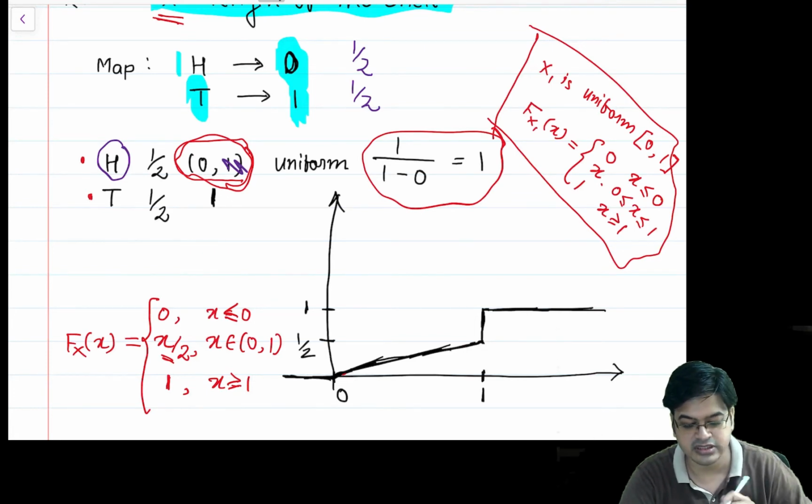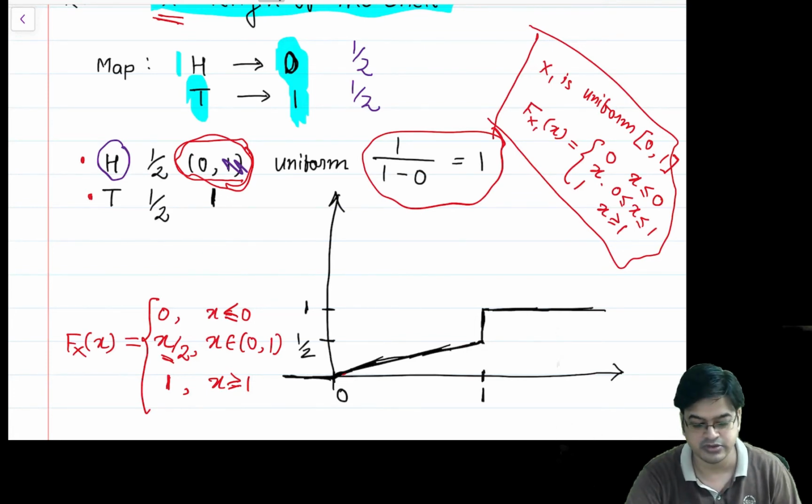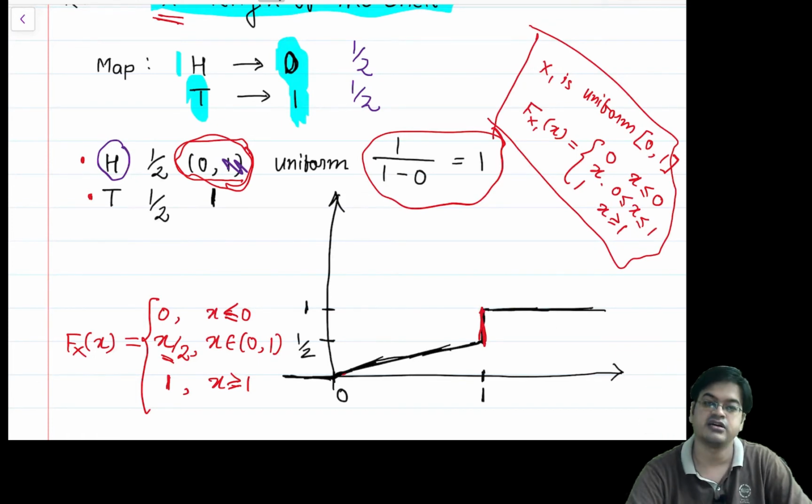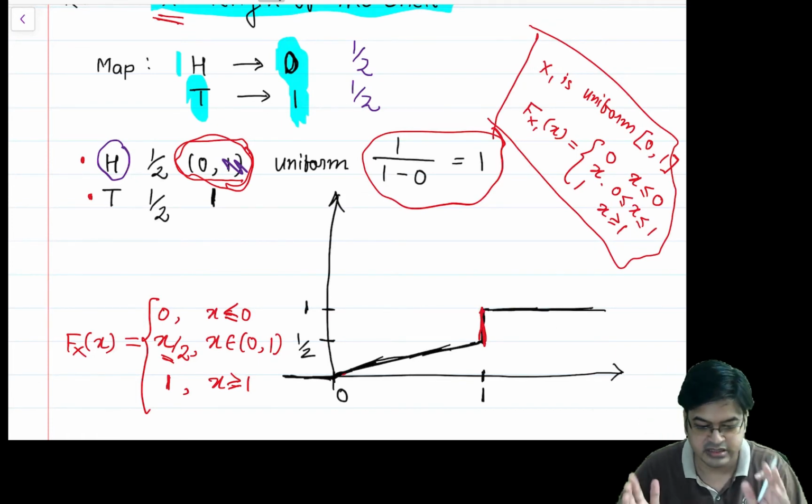And this is how the CDF of this particular random variable will be given. As you can notice, it is continuous over here because it's a straight line, and over here it is actually jumping, so it is neither discrete nor continuous. This is what is called a mixed random variable.